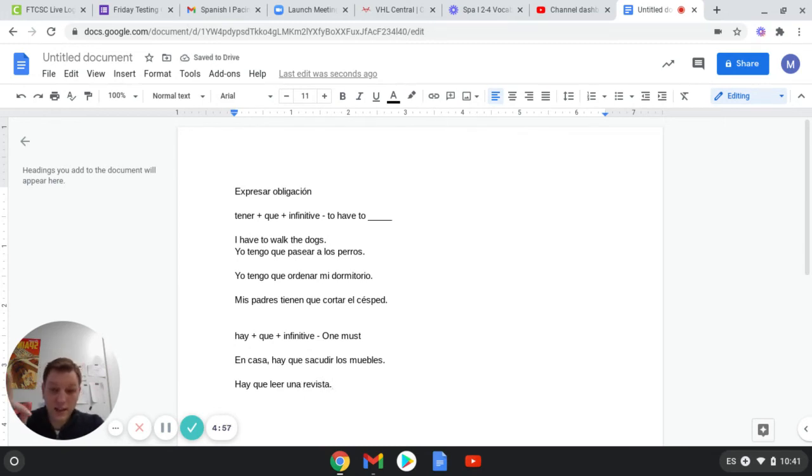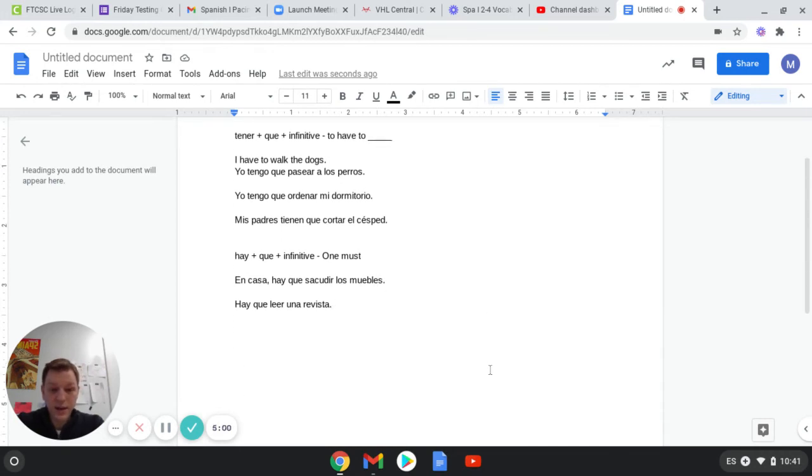The last thing for today is that we have some new vocab words, and they come right off your vocab packet on the 2-4 adverbios de frecuencia. They're called frequency adverbs, to show how often things happen. Let's practice those real quick. They put it on the grammar sheet, even though these are kind of vocab words.